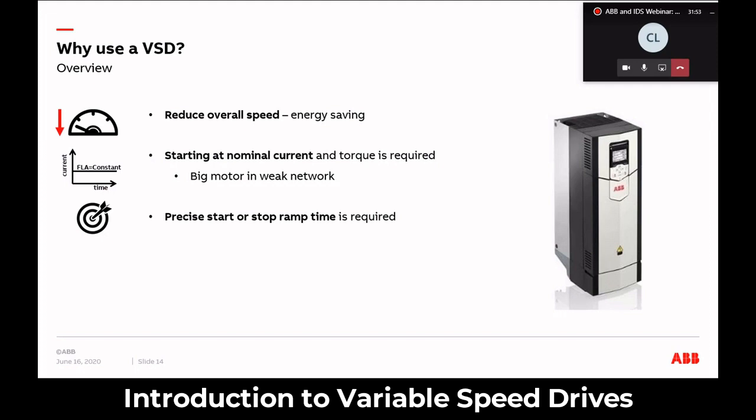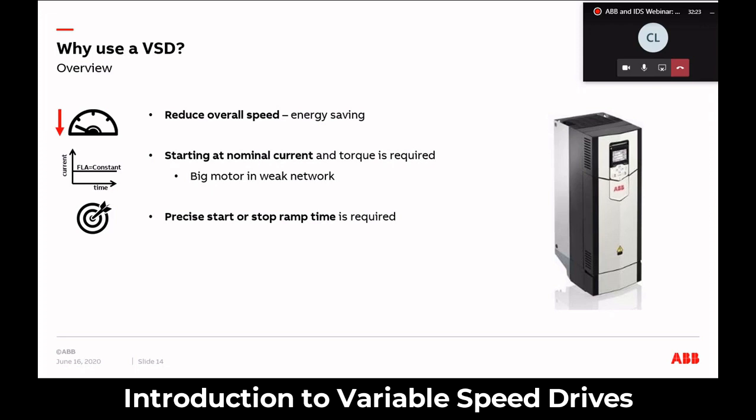Drives have a much more precise start or stop ramp time when required. The drive itself actually controls the motor to a point where it will stop very accurately within a number of seconds. Whereas with direct online or star delta starting, if you stop that motor, it just effectively coasts to a stop because of the inertia that could still be present in that motor.